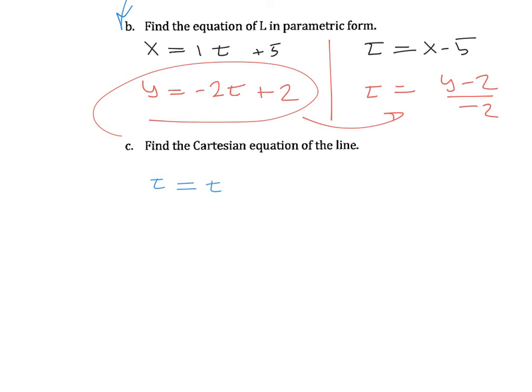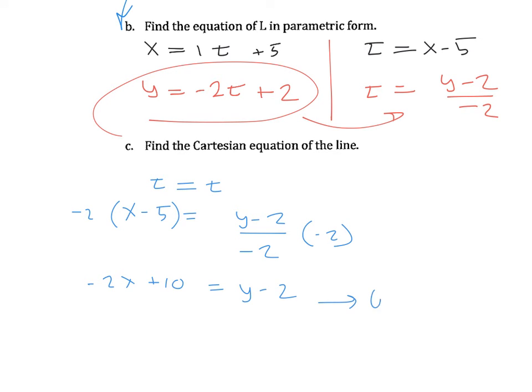Should be the same thing. So that means that x minus 5 equals y minus 2 over negative 2. And I can multiply both sides by negative 2. I'll get negative 2x plus 10 equals y minus 2, or y equals negative 2x plus 12.